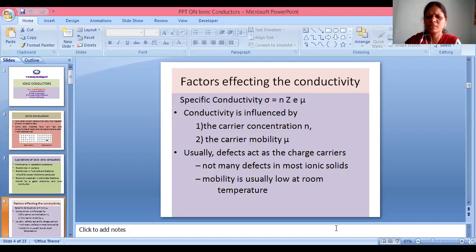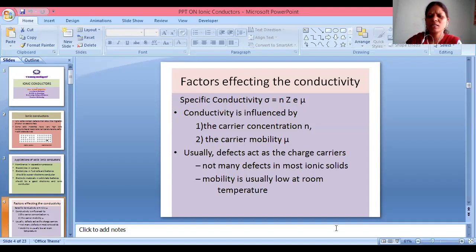This conductivity is influenced by two factors, concentration and mobility. As you can see in the equation, z and e are constant, but sigma depends upon n and mu, and it is directly proportional to them. As carrier concentration increases, or as the mobility increases, the specific conductivity also increases.